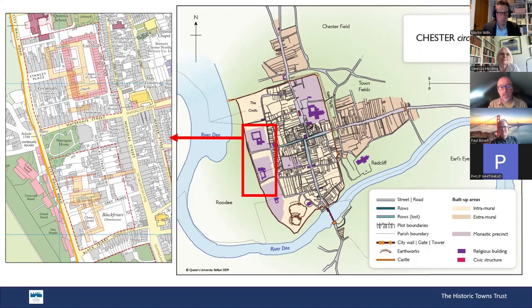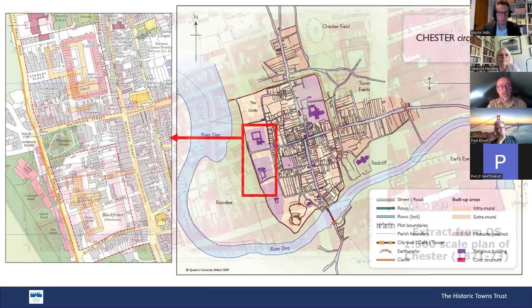So let's focus in a little bit more on those features. They are highlighted in purple on my Chester circa 1500 map, along with other medieval features there: the streets and roads, of course, really important in the context of Chester, the city wall, its gates, earthworks and the castle. But the purple features are medieval institutional buildings, including, of course, the cathedral.